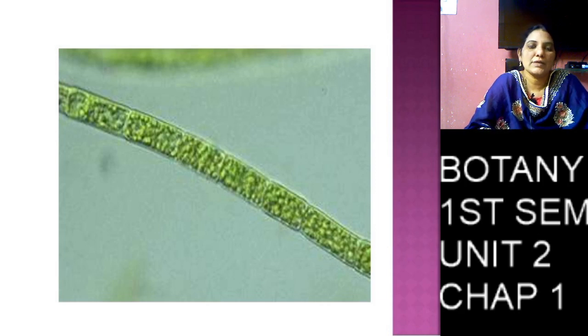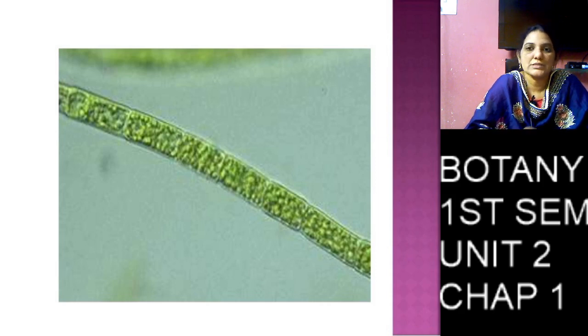It is divided into two kinds of cells. The first cell is called the holdfast. It is a finger-shaped structure with no chlorophyll, so it is colorless.